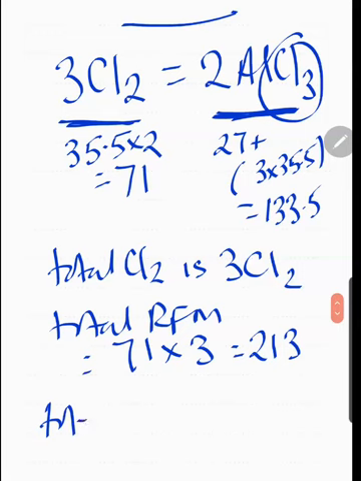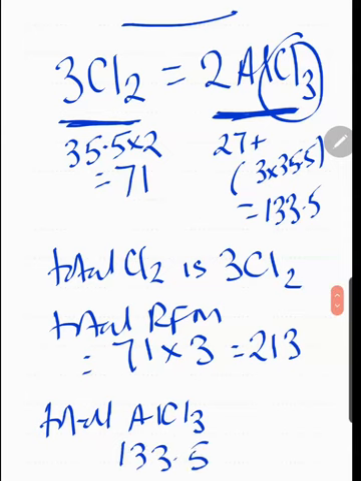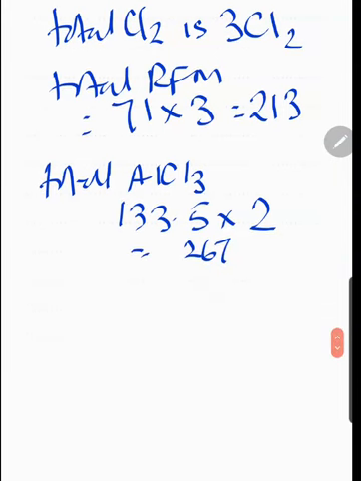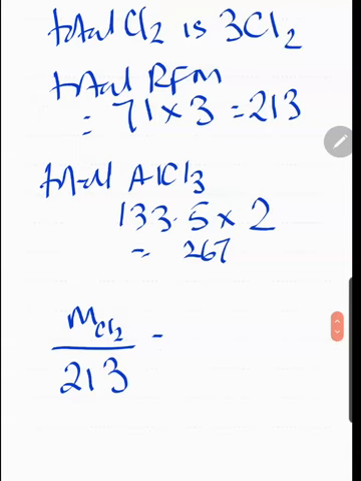Total for aluminium chloride is 133.5 times 2. Remember the 2 here. And that comes to 267. So now, this time we're going to do mass of chlorine divided by 213 equals 53.4 grams of aluminium chloride, which is in the question.